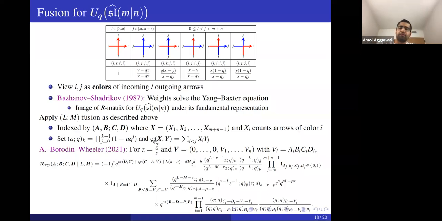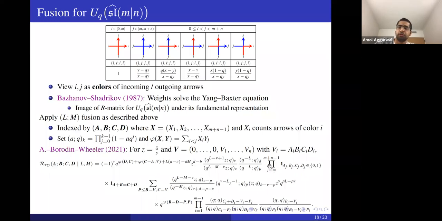A few other properties of these weights: this product here is telling you that the weight is only going to be non-zero if A_j, B_j, C_j, and D_j are at most 1 for any fermionic color j.